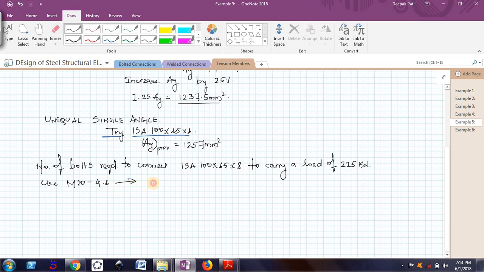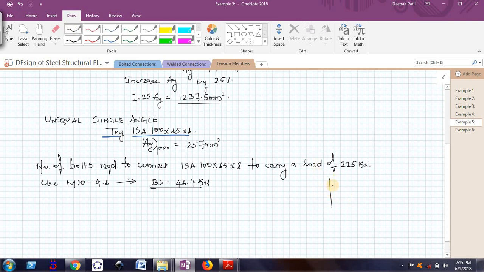So actually I directly know what is the bolt strength for that. You should actually calculate this one. So since I know it, I can find it 46.4 kilonewton in single shear, because if I connect this bolt to that angle to the gusset plate, it will be in single shear, because you can see here.